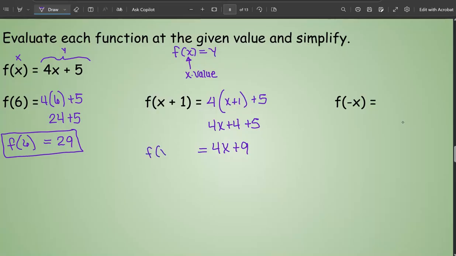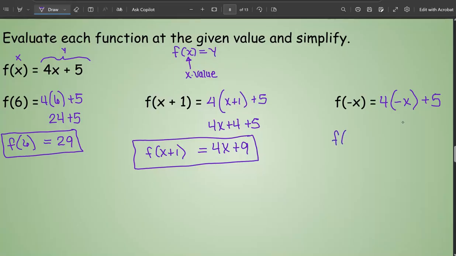So f of x plus 1 is 4x plus 9. F of negative x, wherever there's an x, I'm going to replace it with negative x. And I get f of negative x is negative 4x plus 5.